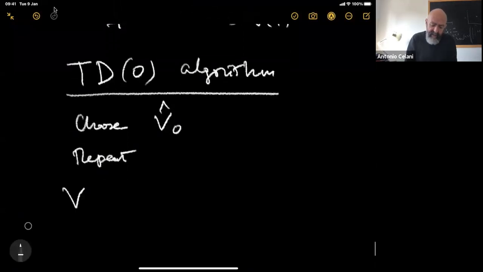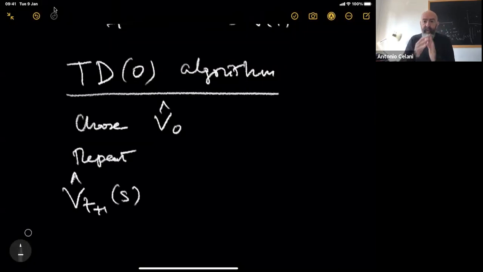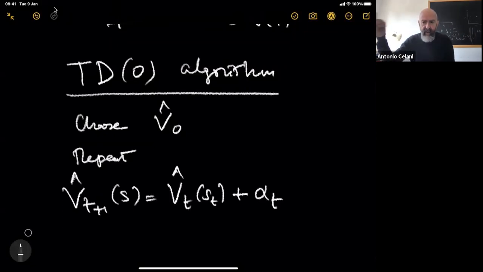Your next guess at step t+1 of the full vector, component by component, is your previous guess plus the learning rate, the learning steps, which you schedule according to Robbins-Monro, the temporal difference error, and then look here, this is a scalar.